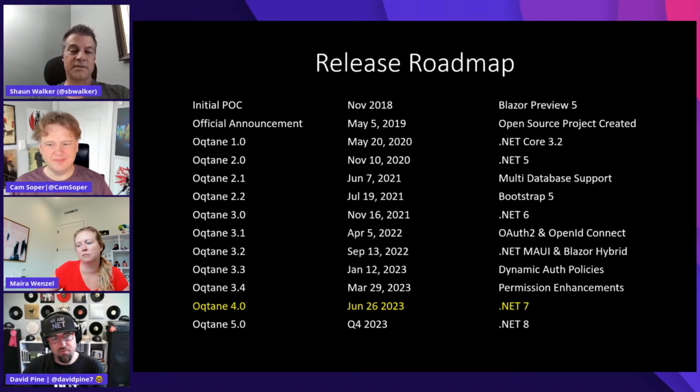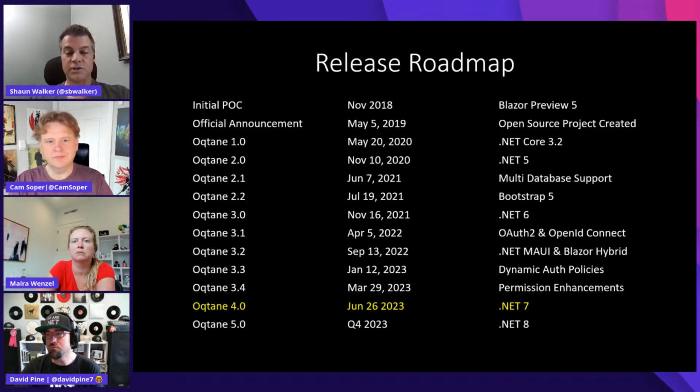So I guess as far as the release roadmap is concerned, like I said, this started way back in 2018 when Blazor was still in a preview stage. It's had a lot of releases since then. The latest, Oqtane 4, was released in June, and that was the update to .NET 7. We expect to have an update to .NET 8 in the fourth quarter of this year, soon after .NET 8 ships.